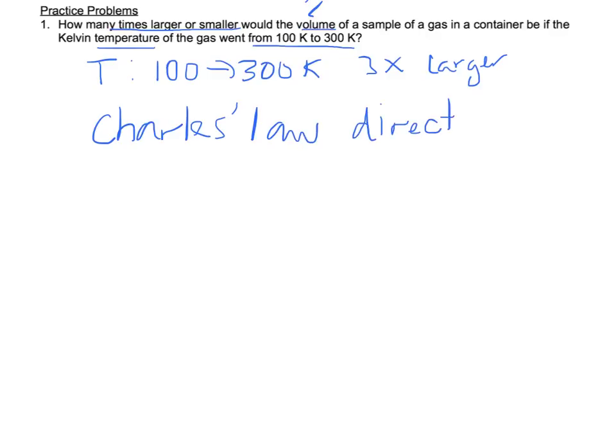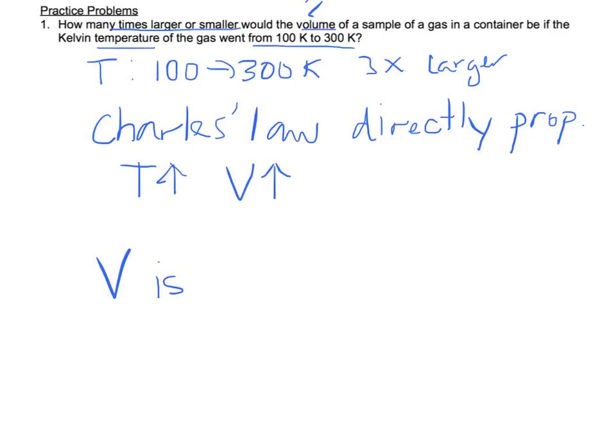They are directly proportional to one another, which means that as temperature increases, the volume increases as well. So what that means for us in this particular problem is if temperature got 3 times larger, the volume is also going to be 3 times larger.